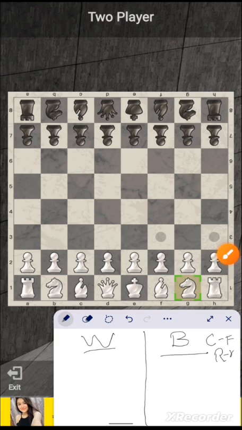Now every piece also has its notation. For knight we use capital N. Always use a capital letter.